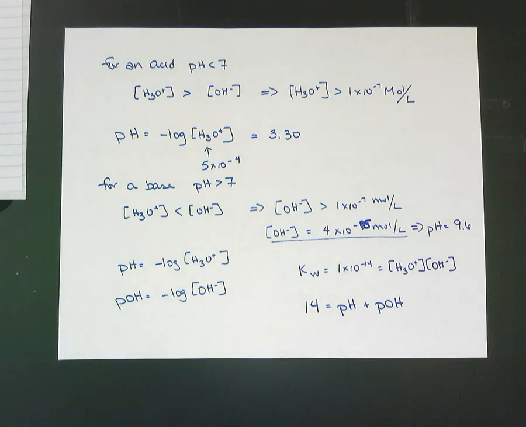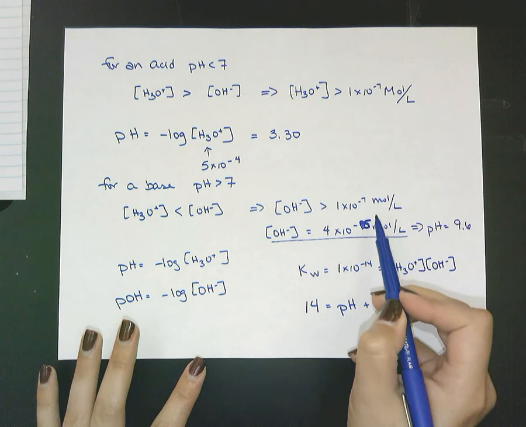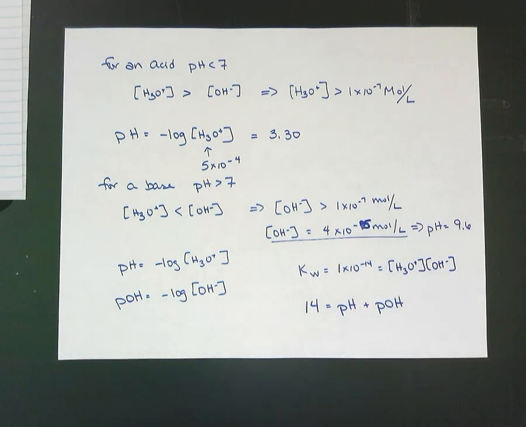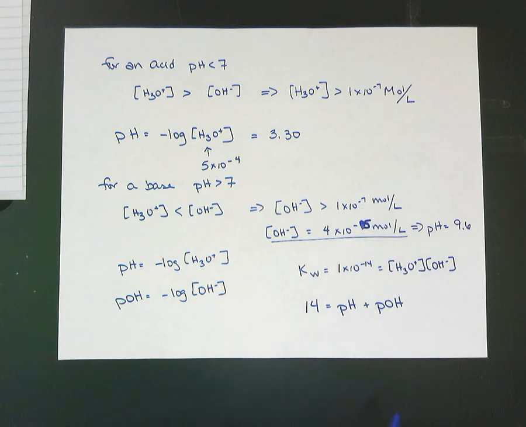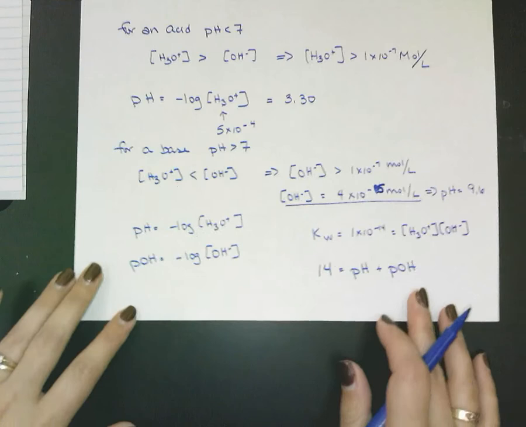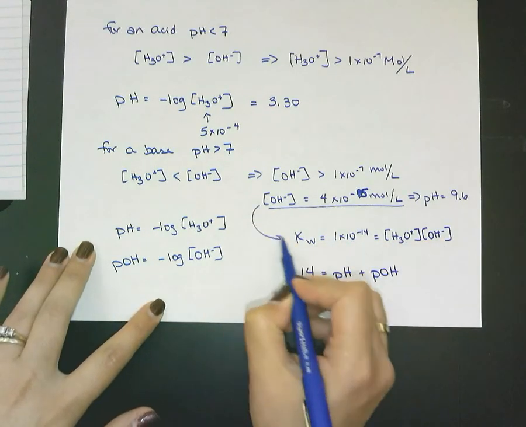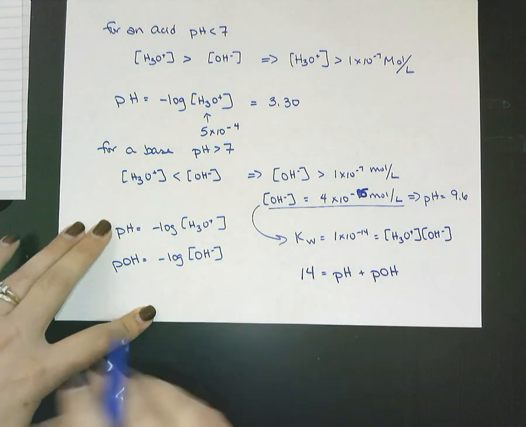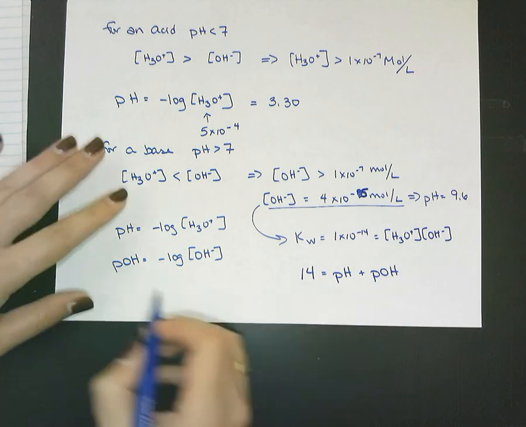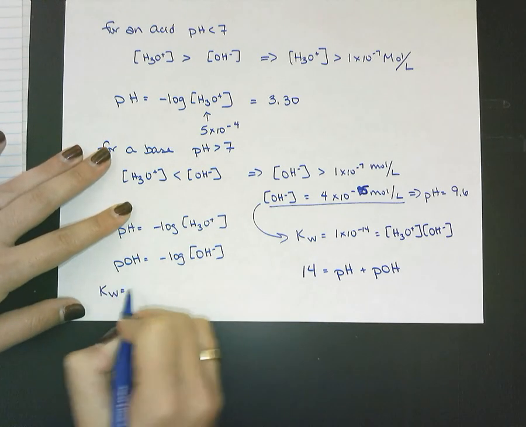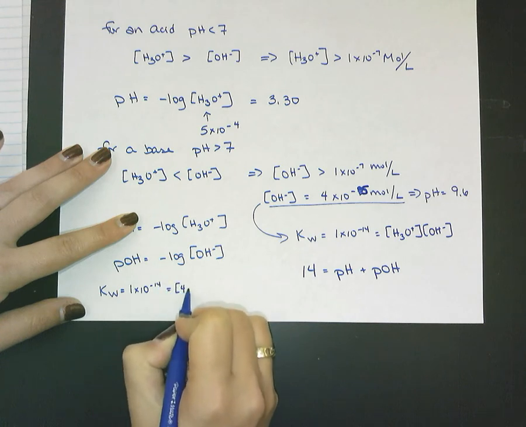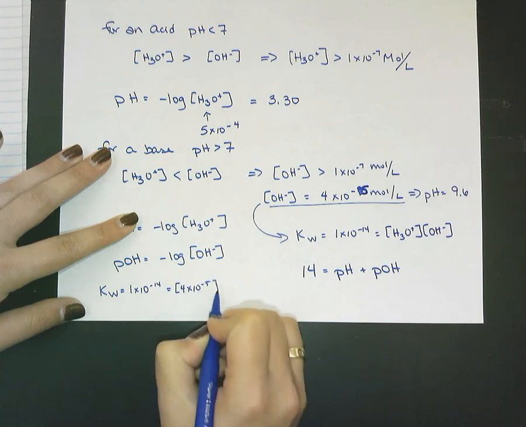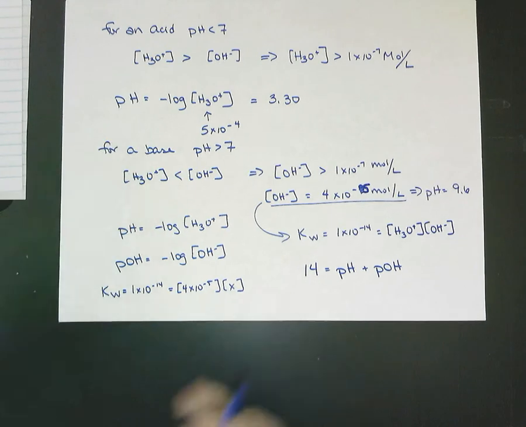If we use the actual right number, 4 times 10 to the negative 5th, what did you have written down before? To the negative 9th. And that doesn't work because to the negative 9th is not greater than to the negative 7th. So what did you do with that number? All right, if I used this method, but you could use either one, I said that Kw equals 1 times 10 to the negative 14th, which equals 4 times 10 to the negative 5th times x.